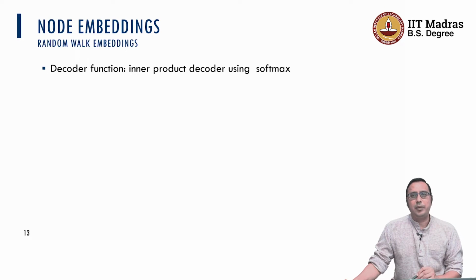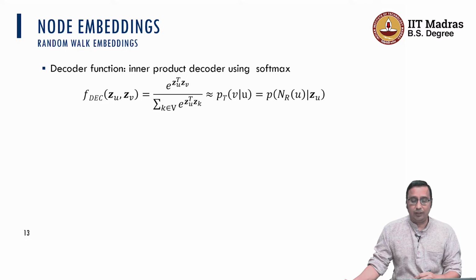Now remember that we have another element, which is the decoding function. The decoding function is a function which takes the embedding and simply predicts the similarity metric.